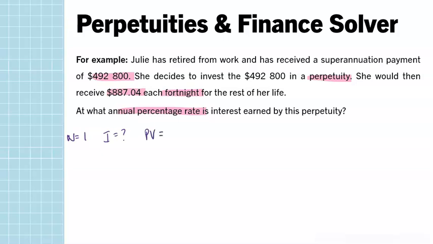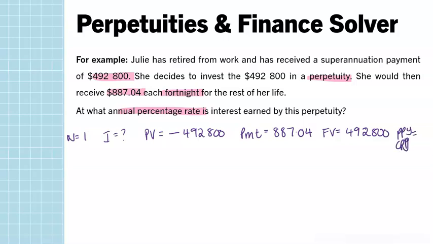We have a principal value we are investing, so negative 492,800. Julie is getting payments of $887.04. Her future value will stay constant at that 492,800. And these payments and compounds are happening fortnightly. So remember, a fortnight means 26 times per year.